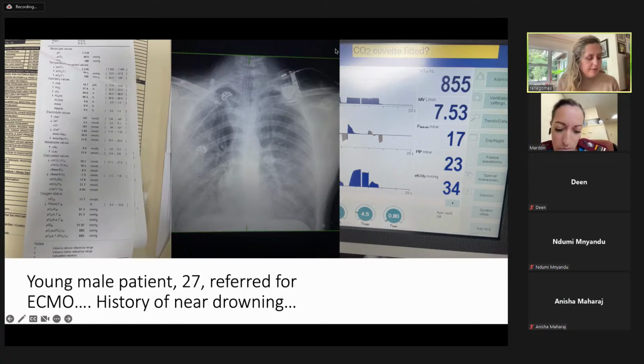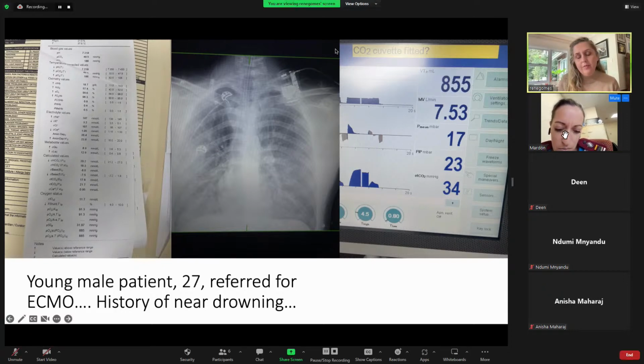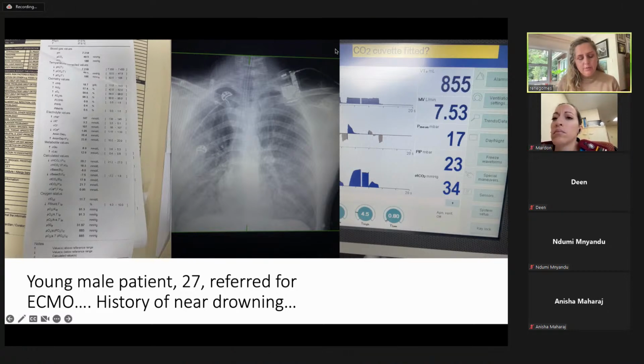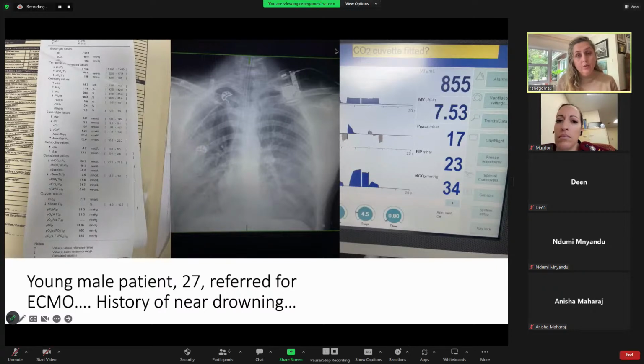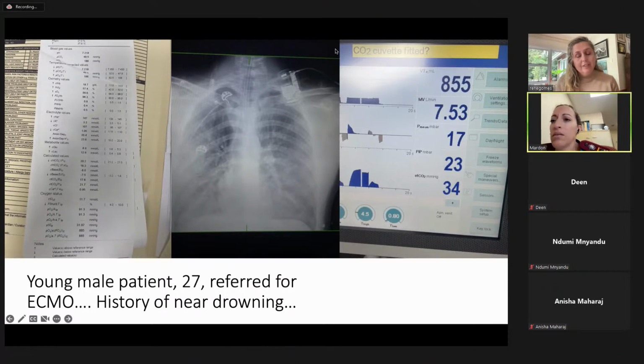Let me just explain that in case someone doesn't know. What we normally do to get a normal tidal volume, we say 6 to 8. Am I right, Kath? Is that what you guys do as well? Yeah, 6 to 8.